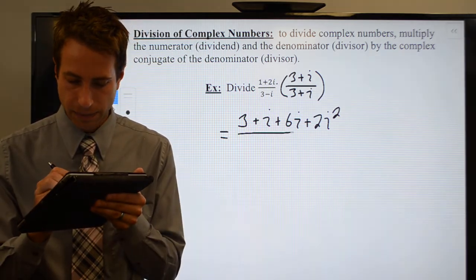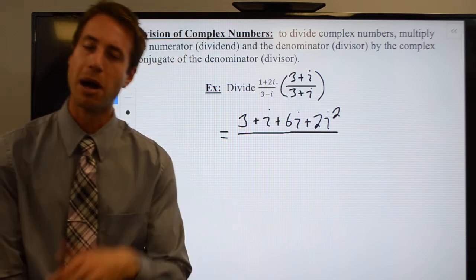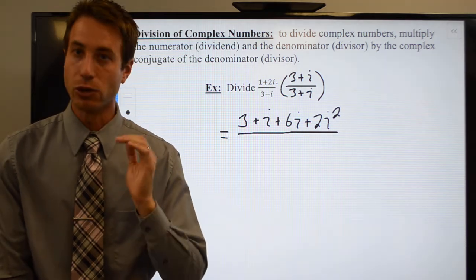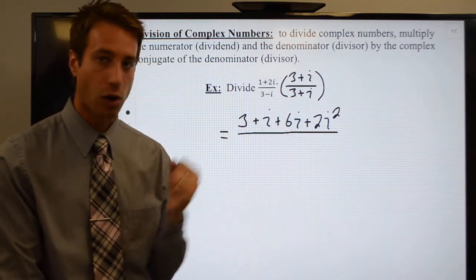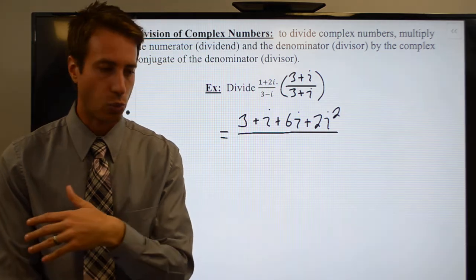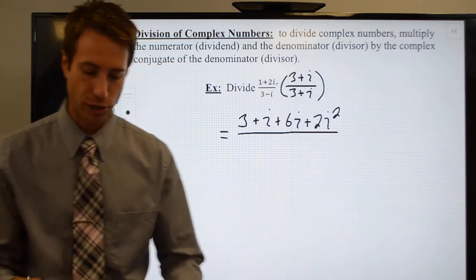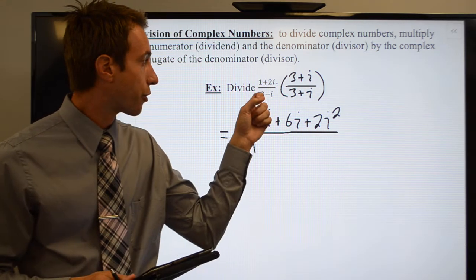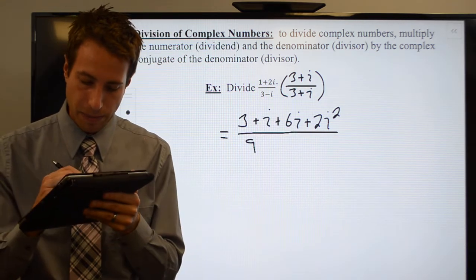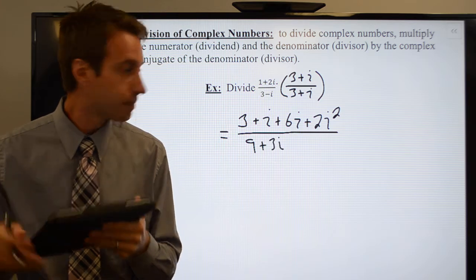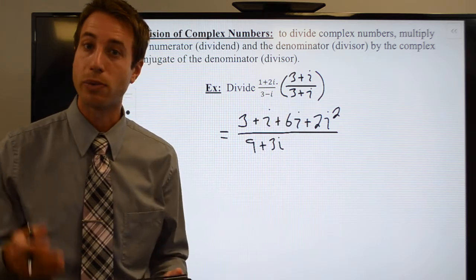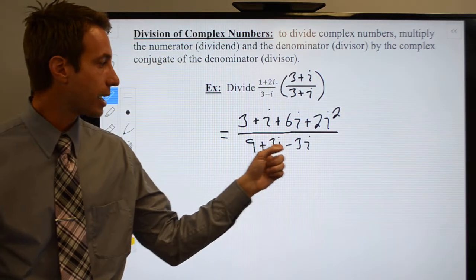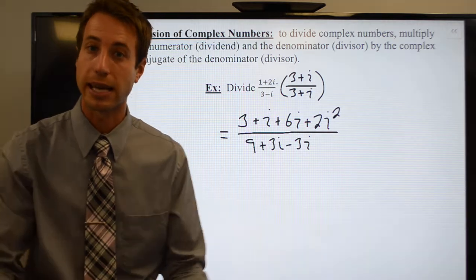Now, here's the reason we multiply top and bottom by the complex conjugate. Every single time, because the signs are opposite, the middle terms will always drop out. Let me show you. 3 times 3 is 9. 3 times a positive i would be plus 3i. Minus i times 3 would be minus 3i. 3i minus 3i cancel each other out.